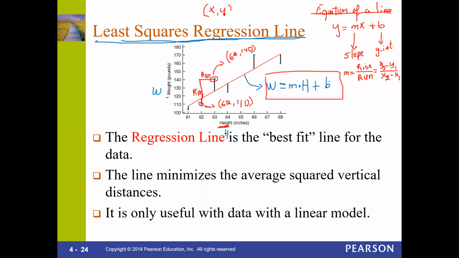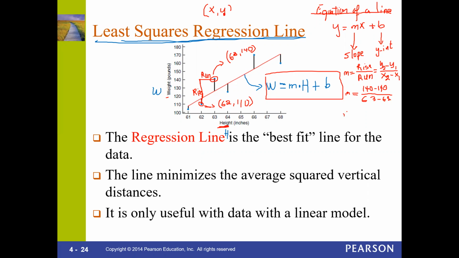So if I would like to know the slope for that, what I'll do is M is equal to the rise, say Y2 minus Y1, that'll be 140 take away 110, divided by 63 take away 62, because the run is only 1 unit.